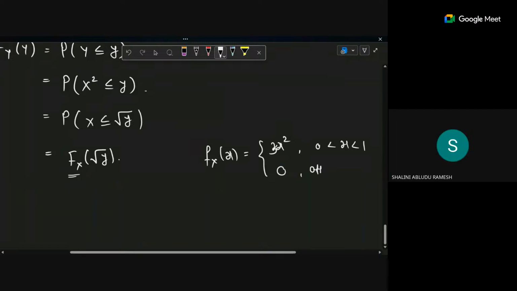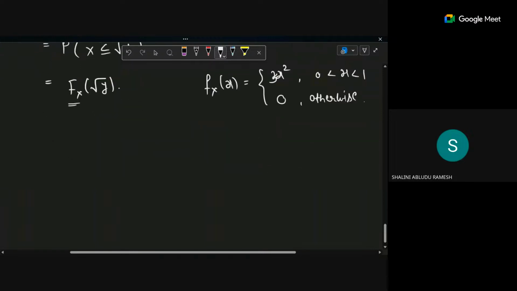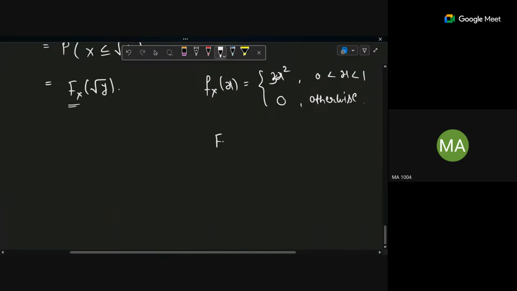X cube, for x between 0 and 1. You will integrate 3x square. Exactly. So our CDF is just the integration of this 3x square. That is x cube, right? We will integrate over the range 0 to x only. So here, instead of x, we have root y.